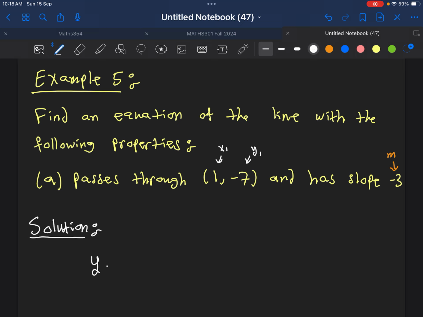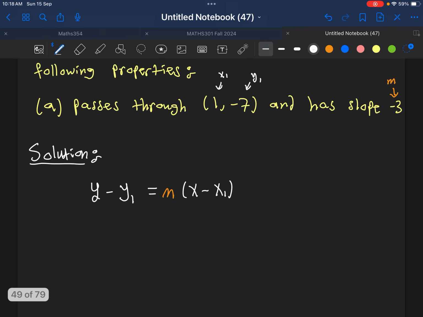So all we need to do is write the equation for the line. y minus y1 equal my slope m times x minus x1. Now this will be y minus y1, which is -7, equal the slope, which is -3, times x minus 1.